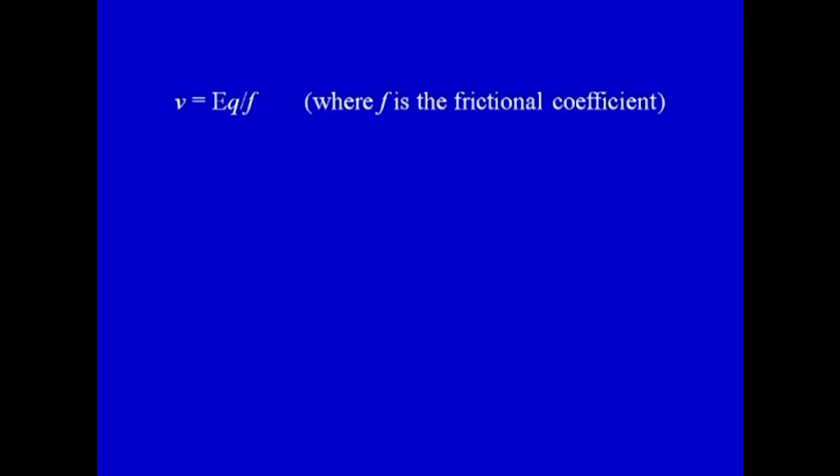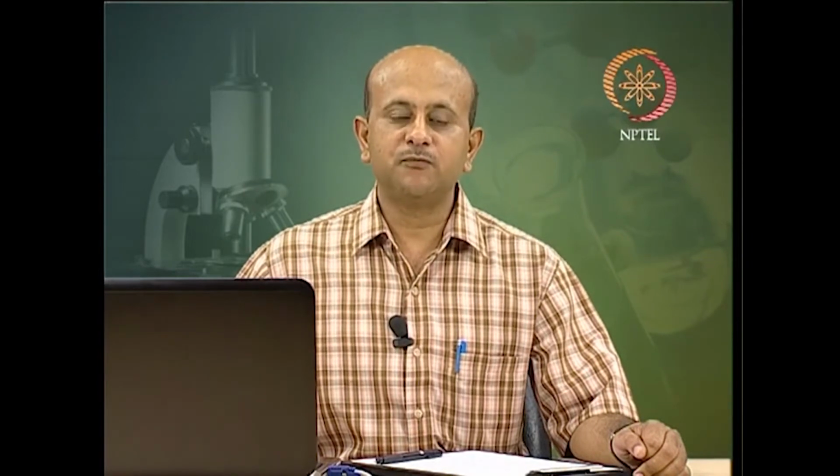Therefore, the velocity of the charged molecule in an electric field will be given by V equals EQ upon the frictional coefficient. That is the velocity a particular molecule will have when it moves under the influence of the electric field through a particular medium.